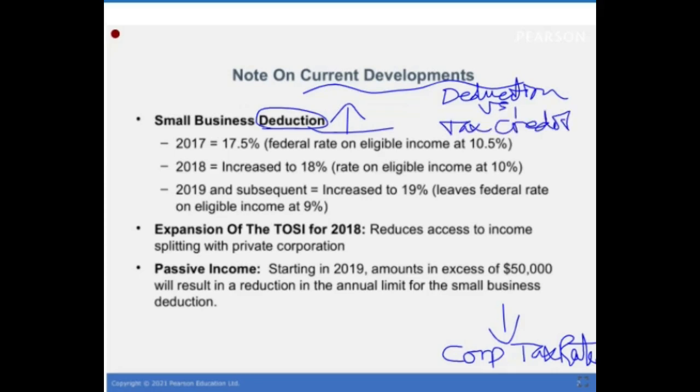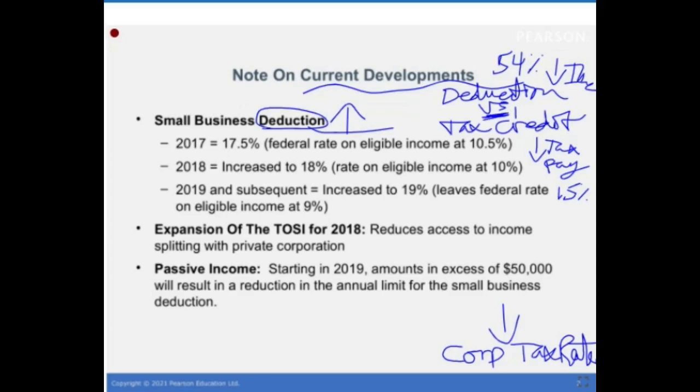We know those are two very different things. One reduces the income that you're going to be taxed on, and one reduces the actual tax payable directly. The tax credits were often at 15% for personal, and the income reduction could be as high as 54% for personal. So two totally different things.